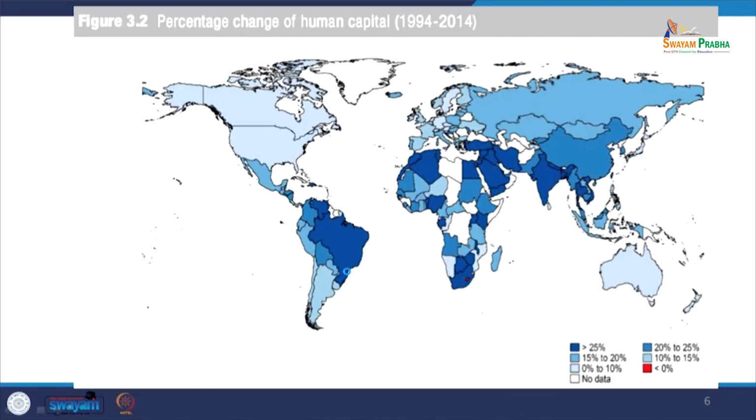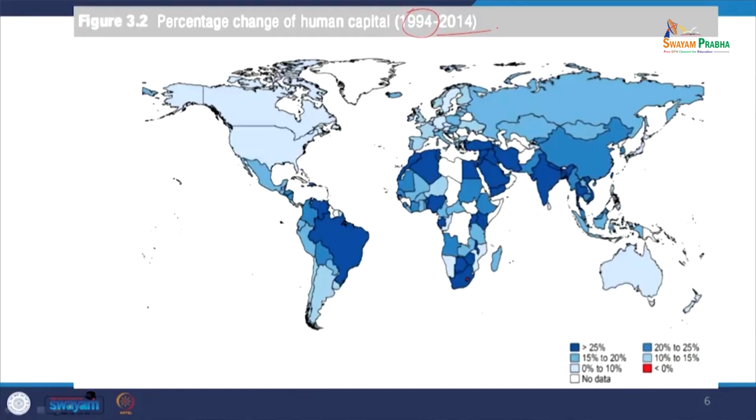So, what we expect from the HO model is not necessarily followed if we emphasize relative changes. In absolute terms, we have already seen that developed countries are better off, whereas in percentage change from 1994 to 2014, the change is much better in India.